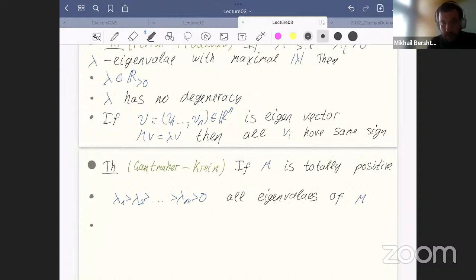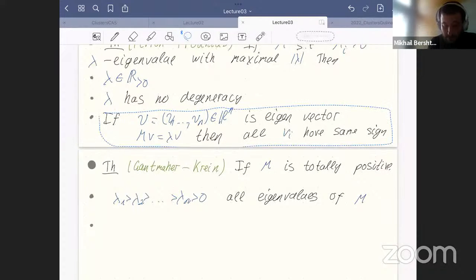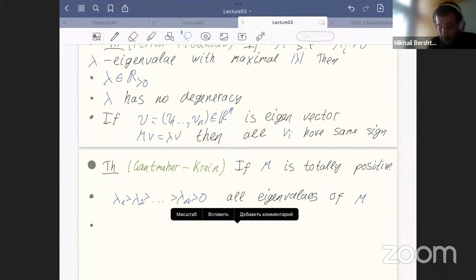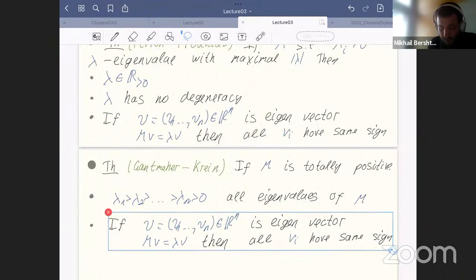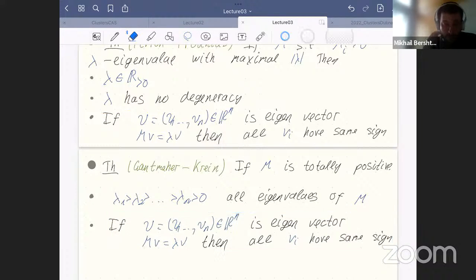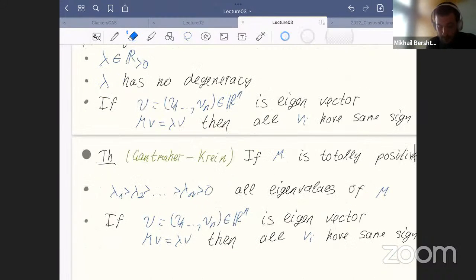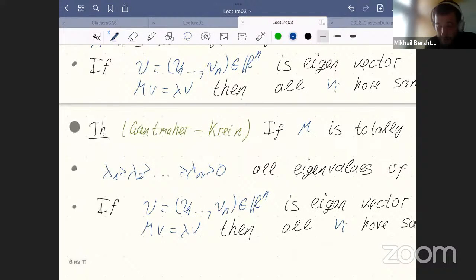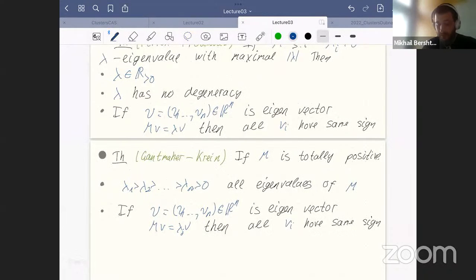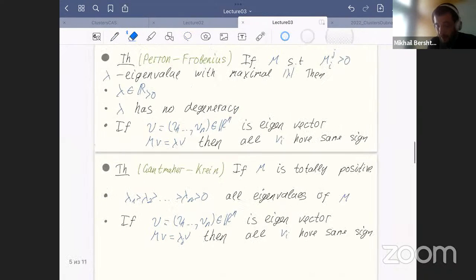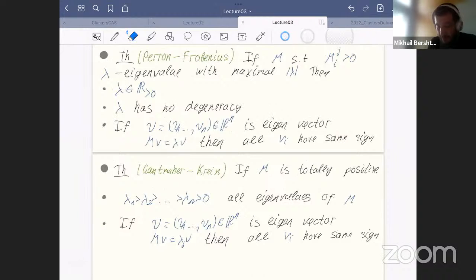And there is a statement similar to this one. Let me copy and just correct. If we have an eigenvector V which corresponds to the g-th eigenvalue, then it's no longer true that all v_i have the same sign.